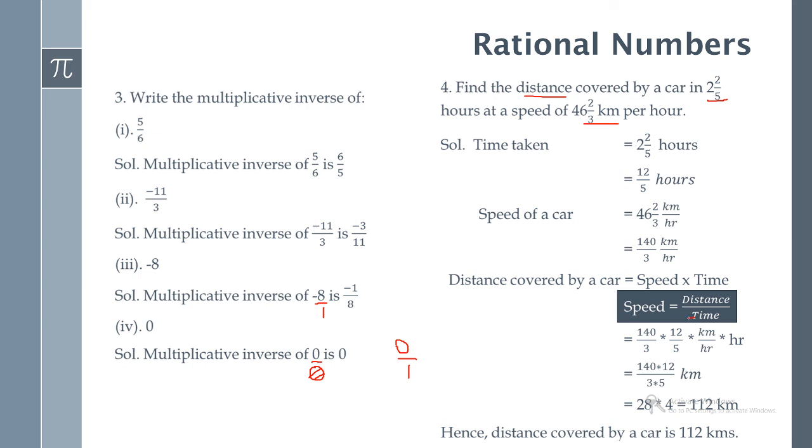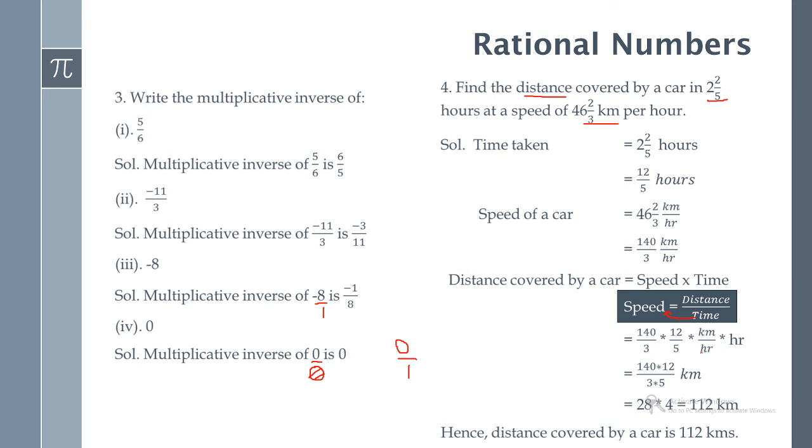So that's the reason the time is multiplying to the speed. The distance is equal to speed into time. So now next, 140 by 3 into time 12 by 5, into kilometer per hour into hour.